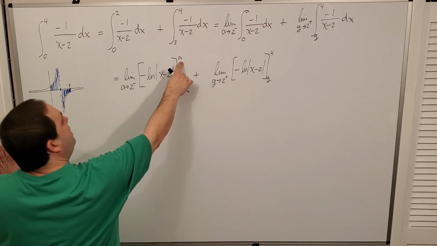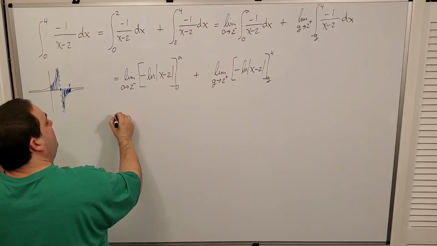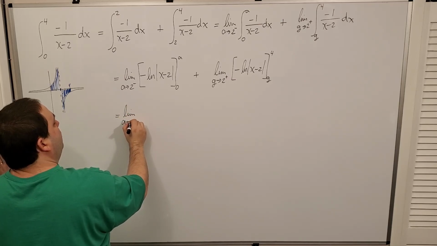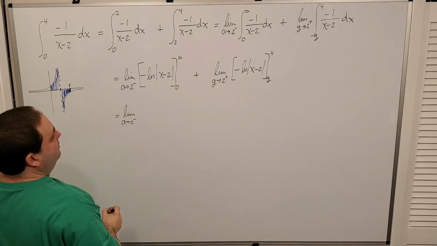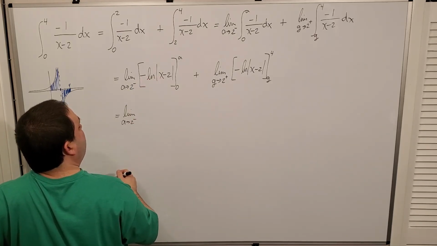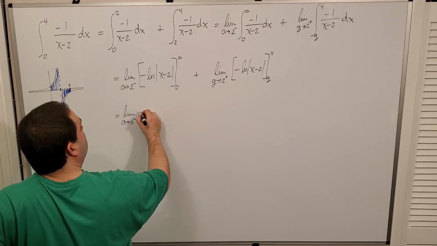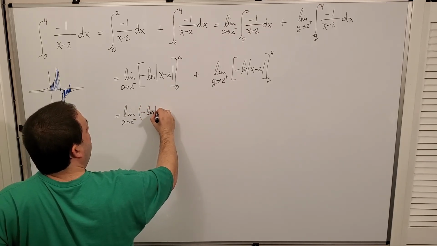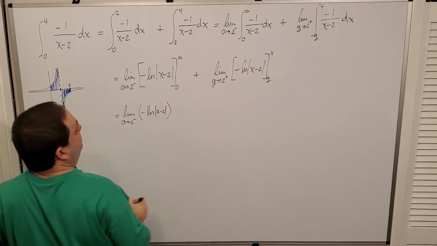So then the a portion is the only portion where the limit really does anything. So I have the limit as a approaches 2 from the left. And I've got a negative ln of the absolute value of a minus 2, like so.